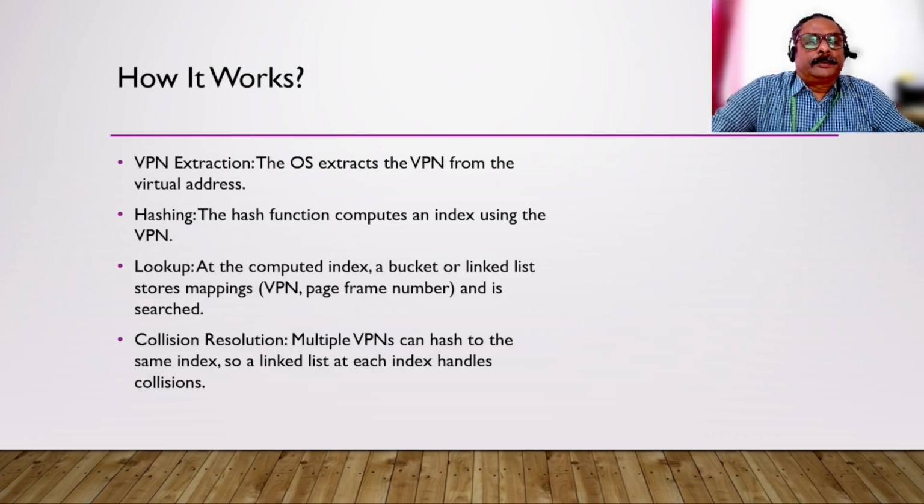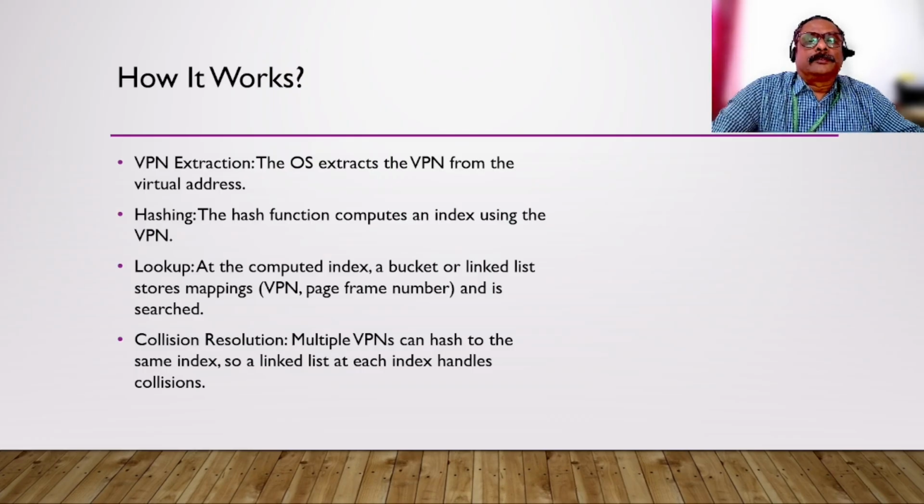There is a possibility that more than one VPN can get the same hash index, because we are doing a modulo operation. After every n, the remainder keeps repeating from 0 to n minus 1.